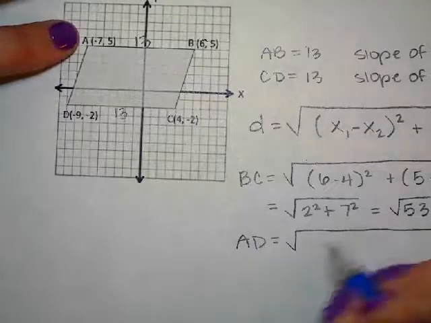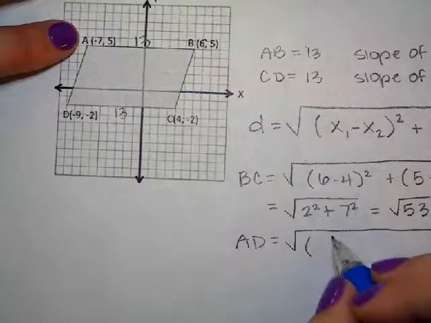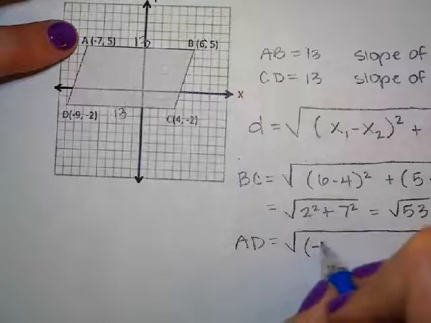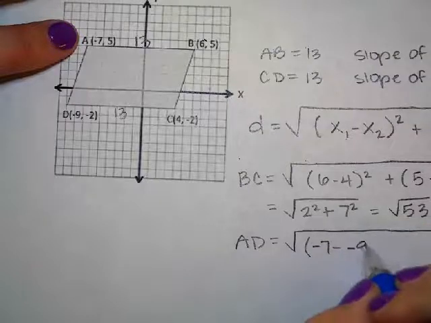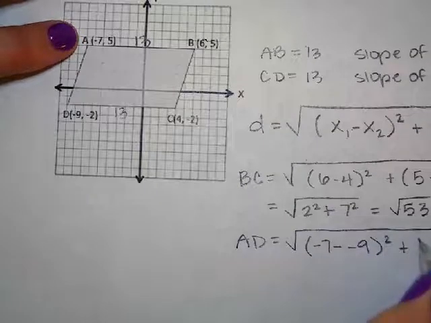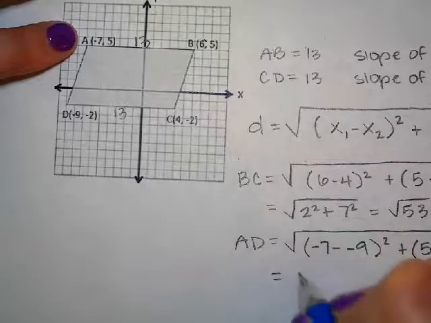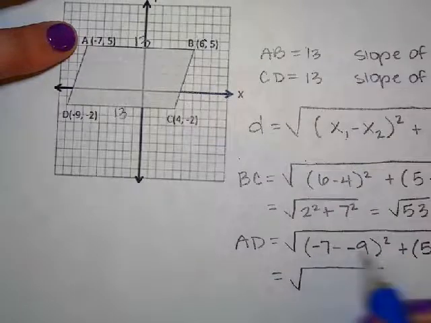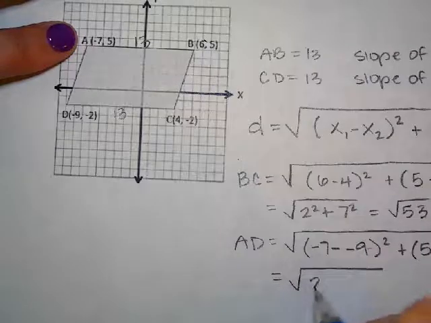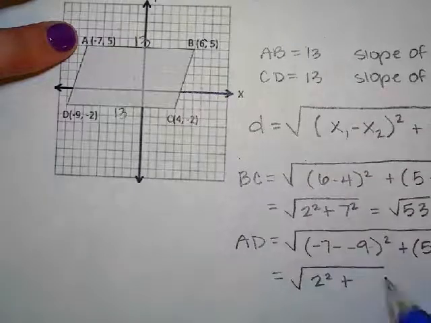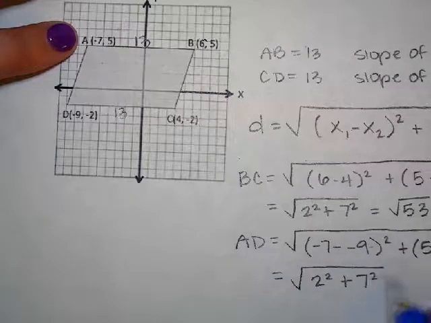So we'll do -7 minus -9, 5 minus -2. So we've got 2 squared again, plus 7 squared again. So we got root 53.